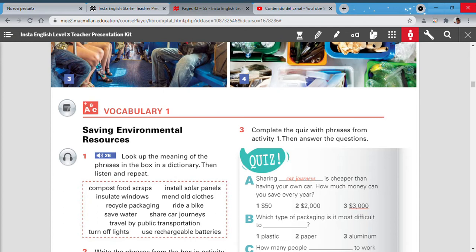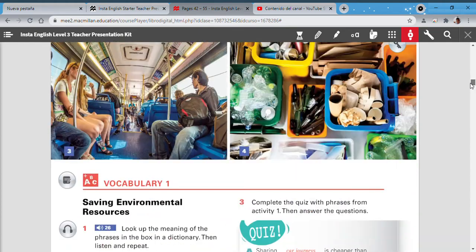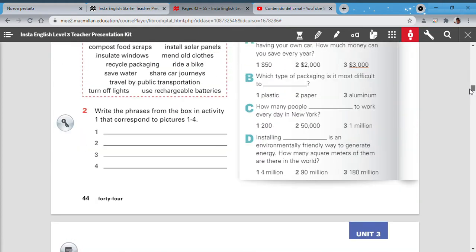When I say recycle packaging, it's a place where you put the things that you recycle. It's like picture number 4. So what is that? Recycle packaging.